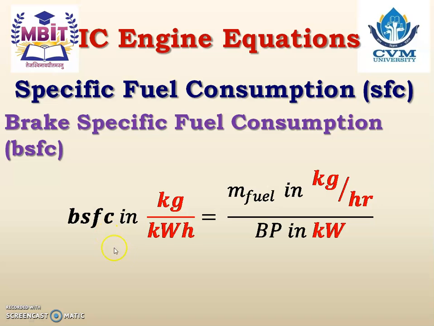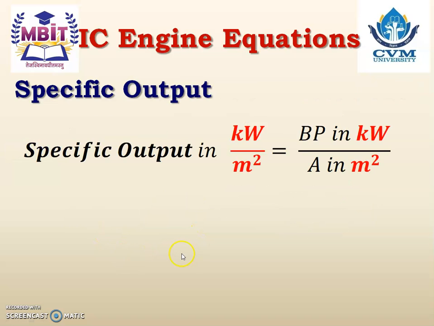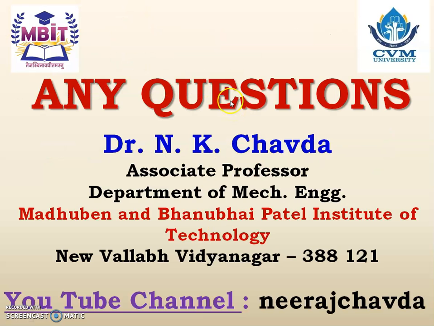The BSFC is in kilogram per kilowatt hour. Specific output. Specific output in kilowatt per meter square is equals to brake power in kilowatt divided by area in meter square. So using the above equations, the numerical on IC engine can be solved.